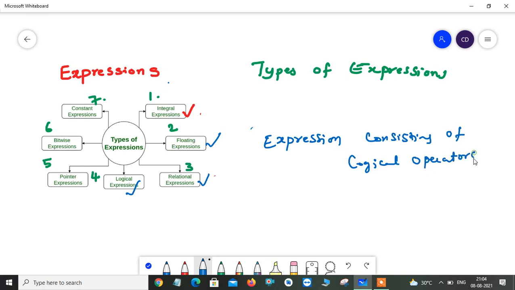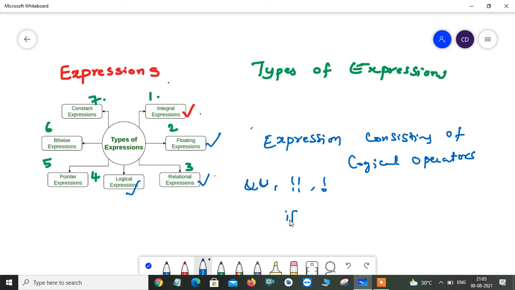The logical operators are logical AND, logical OR and NOT operation. Whenever your expression consists of these types of operators, such an expression is said to be a logical expression. You can use these logical expressions in your control structures.